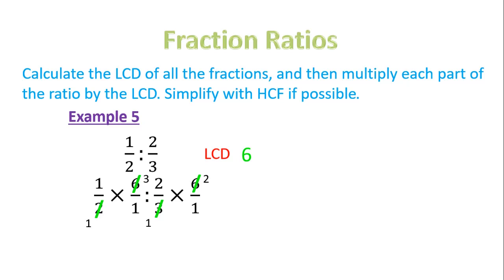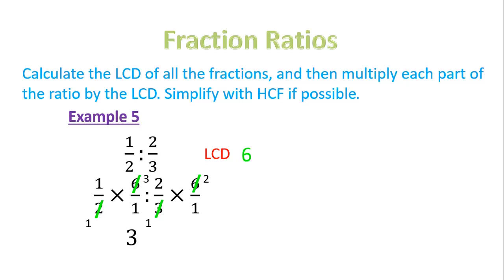And so now I've cancelled everything. If I look in my denominators, everything is a 1. That's because we've multiplied by the LCD. If they're not all 1s, you've either made a mistake or you've got your LCD wrong. Anyway, let's carry on. 1 times 3 is 3 and 2 times 2 is 4.